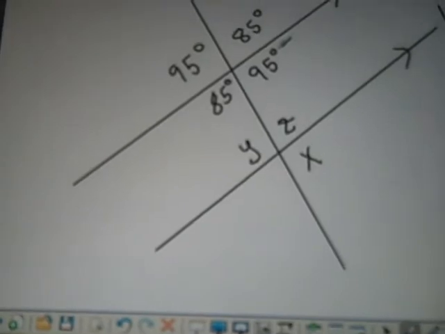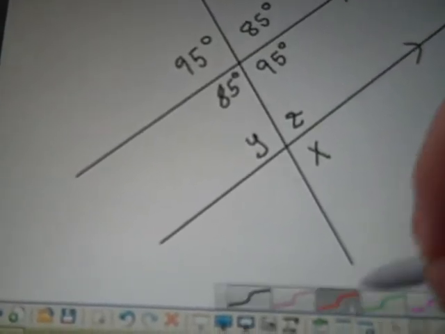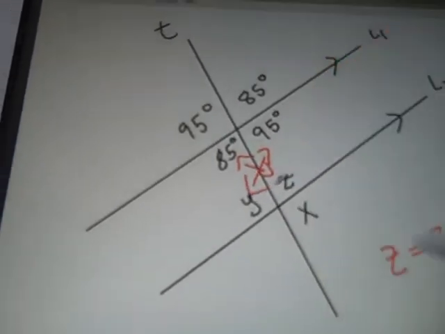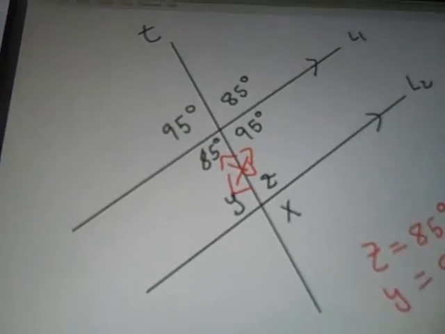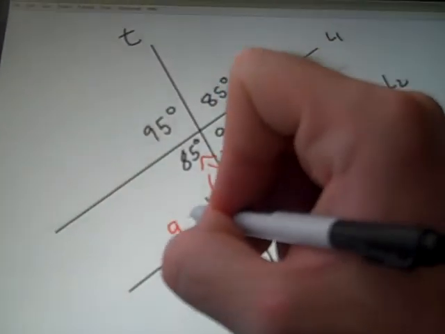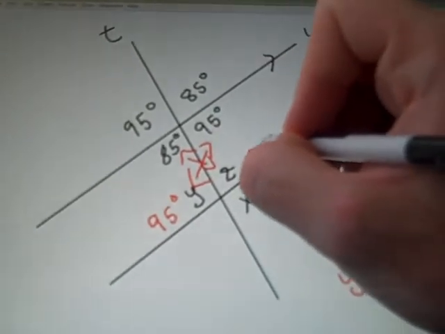Now, because of the fact of it being parallel, we can use all of those relationships. So our alternating interior angles are congruent, meaning Z is now equal to 85 degrees. It also means Y is equal to 95 degrees. So I'm going to put 95 here and 85 here.